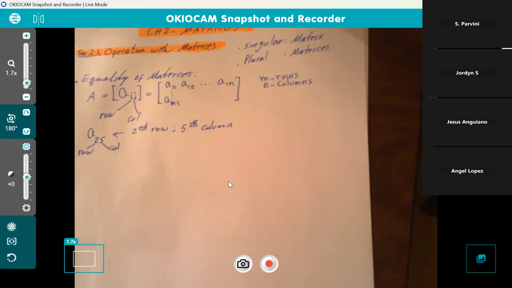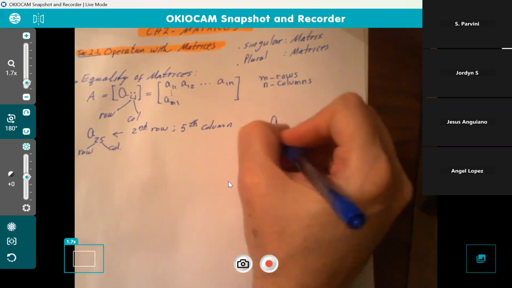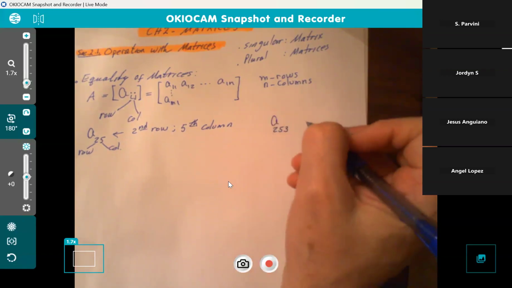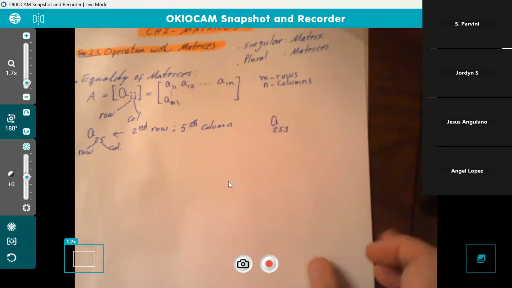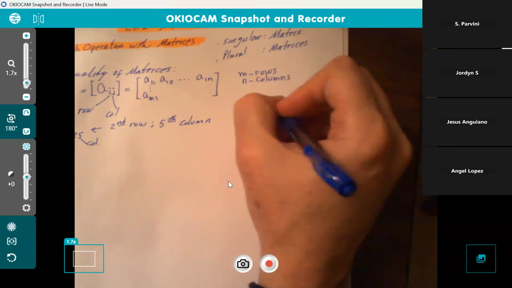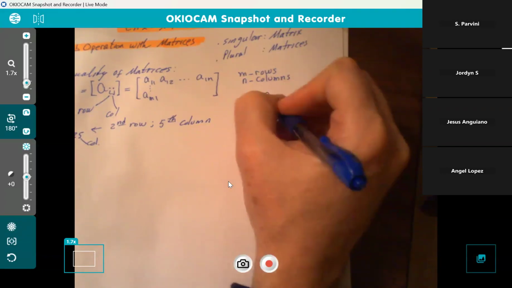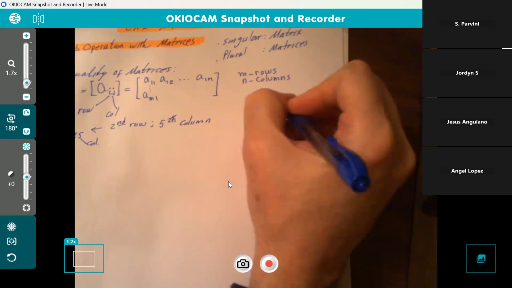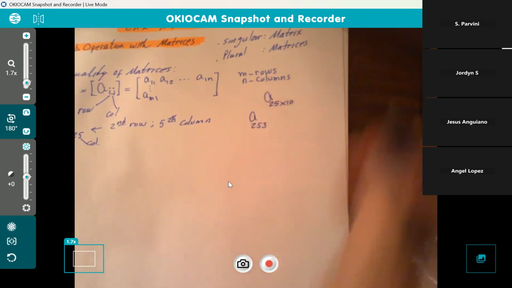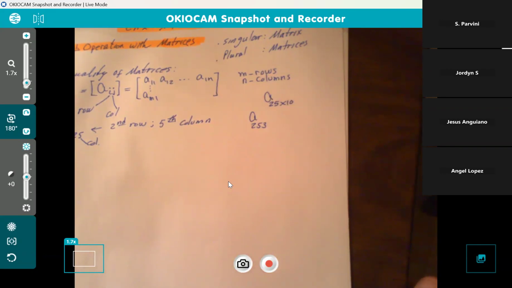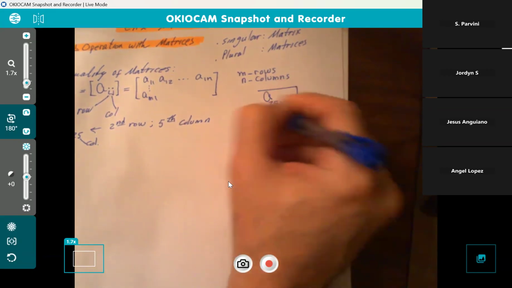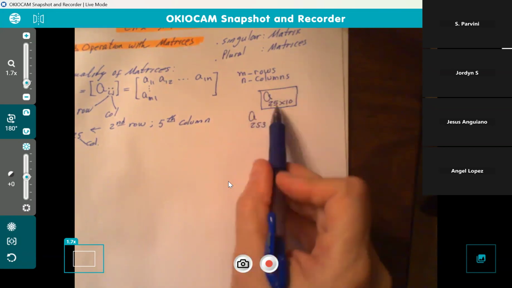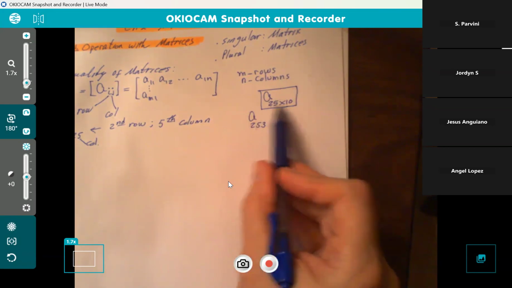What about if there was something like 253? Would it be like row 25 and column 3? Oh, okay. For this one, remember, first we define the size of the matrix. So for instance, if my matrix is of size 25 by 10, that means it has 25 rows, 10 columns. I determine that ahead of time. Now I can interpret the subscript according to what I see here.